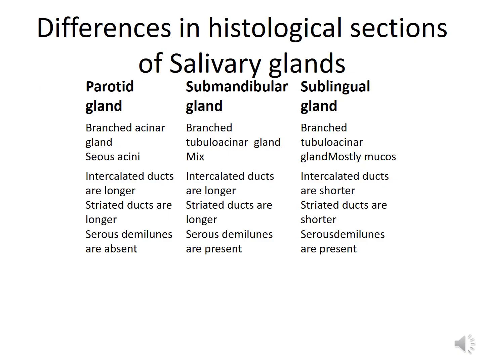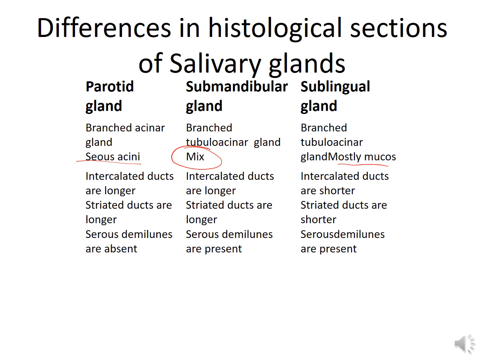I have summarized the differences between the three salivary glands in the form of a table. The parotid glands are branched acinar glands, while submandibular glands are branched tubuloacinar glands, and sublingual glands are also branched tubuloacinar glands. The parotid gland consists of serous acini, while the submandibular gland is of a mixed variety, and the sublingual gland mostly consists of mucus acini.